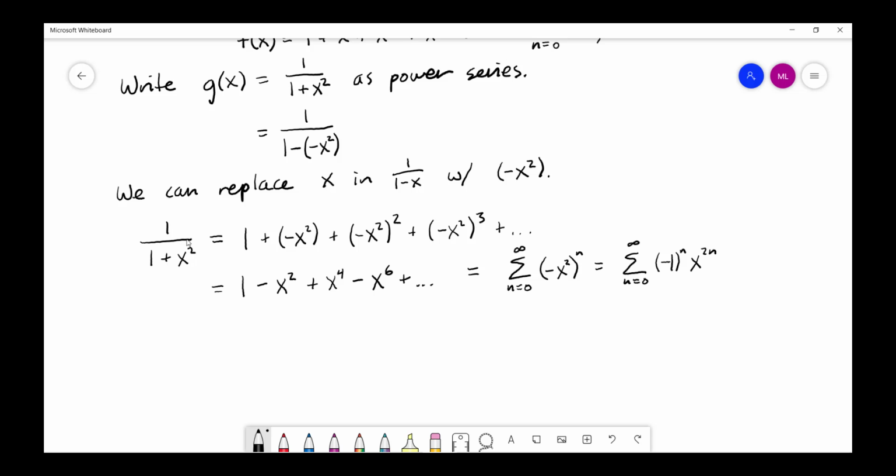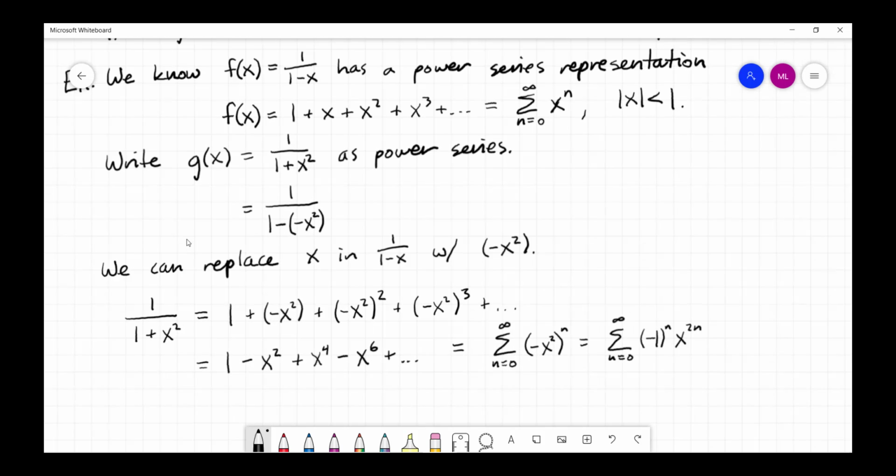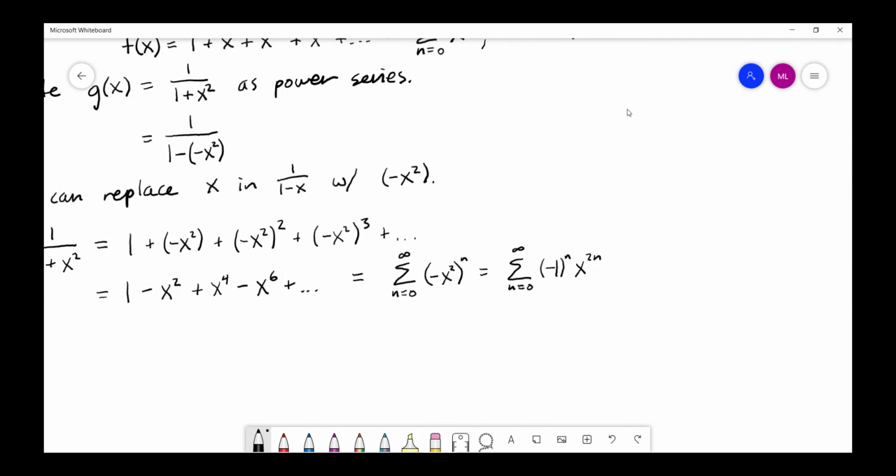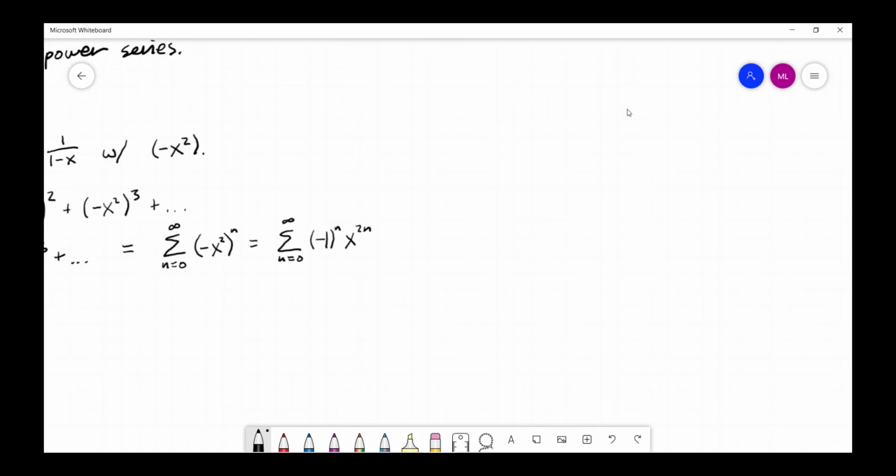And again, it's going to have the same restrictions though. The old one only worked when the absolute value of x was less than 1. Just like I had to replace all of the terms in here where x showed up with negative x squared, I also need to do that same thing in the condition. So the condition is the following.